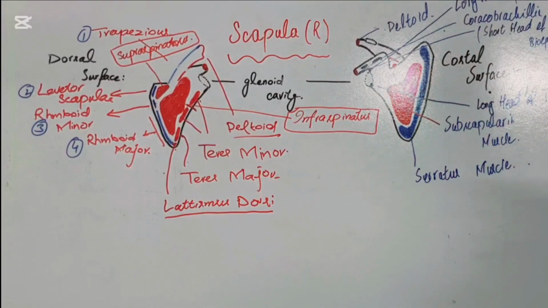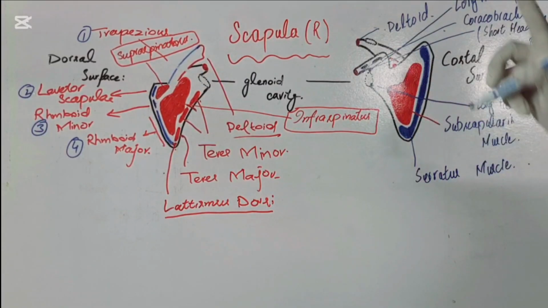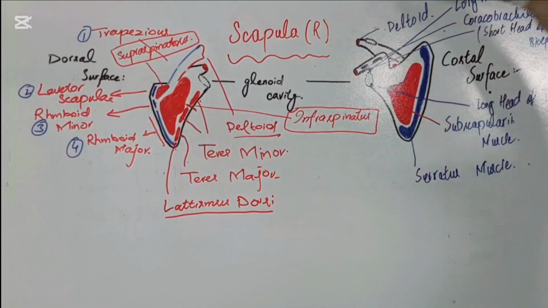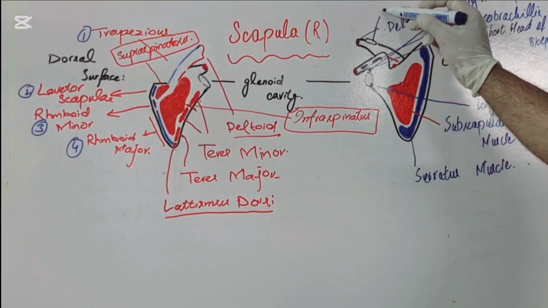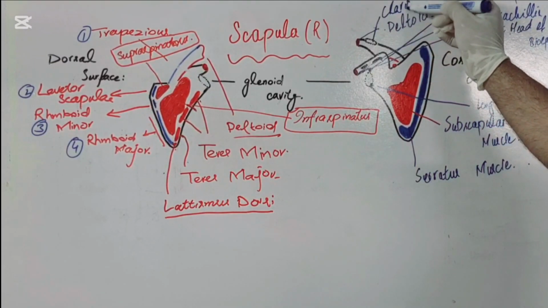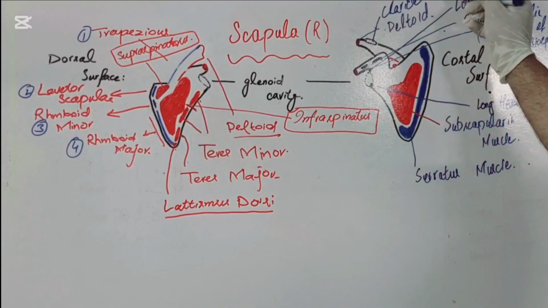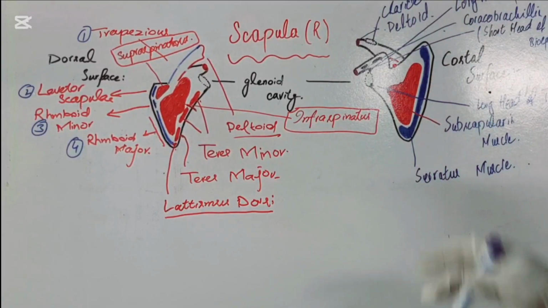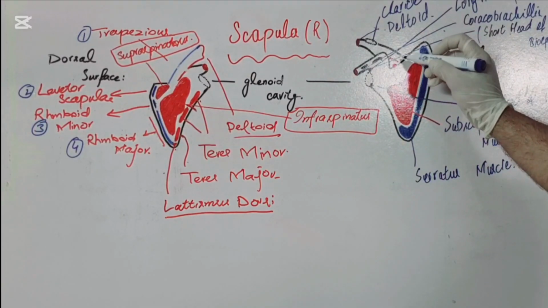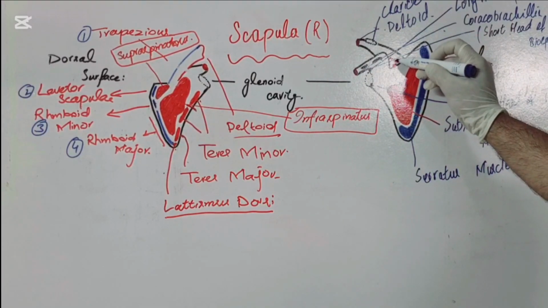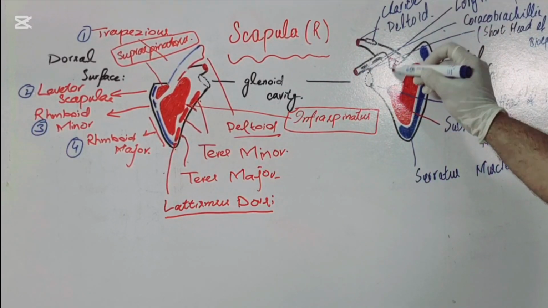Going towards the ligaments, two ligaments, and there is one facet for the clavicle. On the acromion process, here we have facet for clavicle bone, and the ligament which attaches to the acromion process from the costal surface is in red color here.